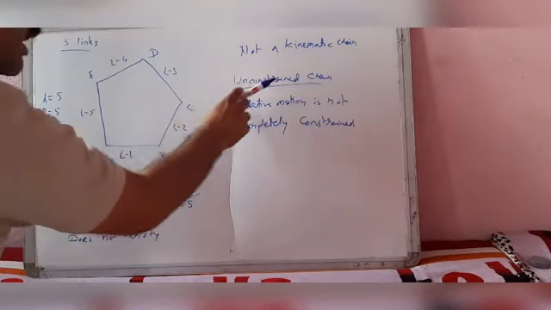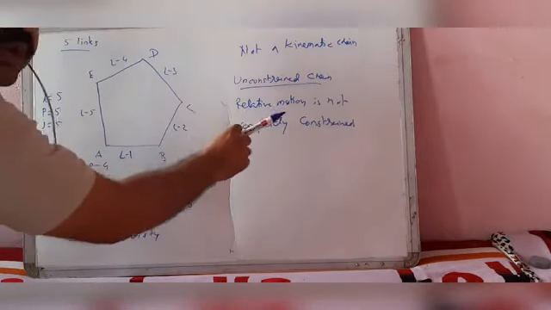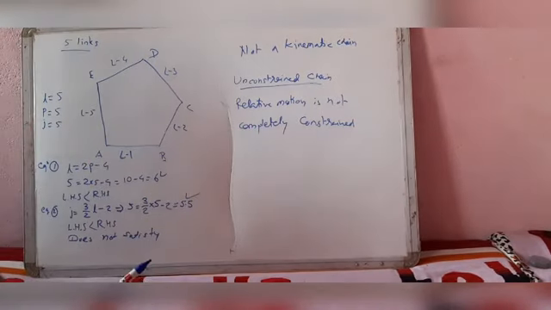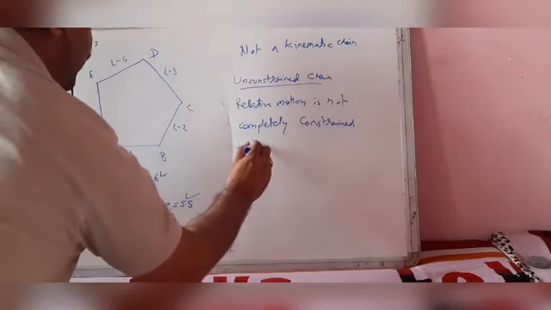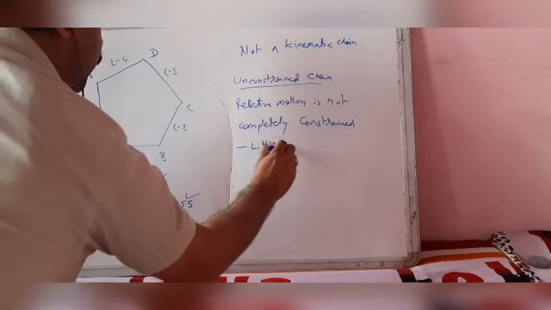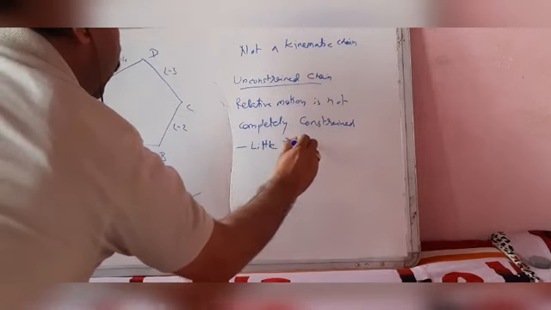Here, this is an unconstrained chain and relative motion is not completely constrained. This type of chain is of little practical importance.